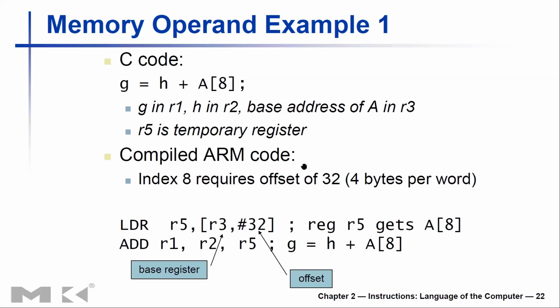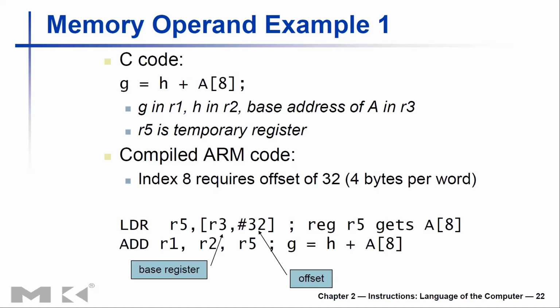And if you want to access the 8th element, you need to go 8 into 4, 32 bytes away from the base address, because each byte is given a separate address in memory. So if you say R3, that is the base address, and if you say R3 plus 1 address, that address still points to somewhere in memory that has the 0th element of the array.